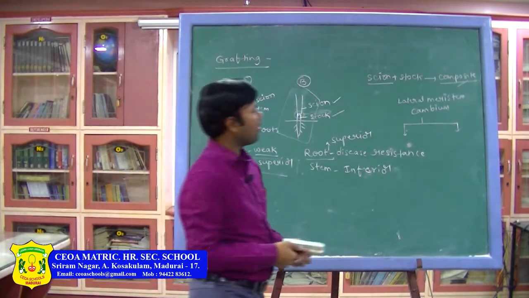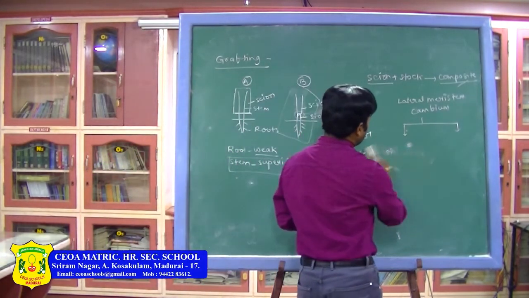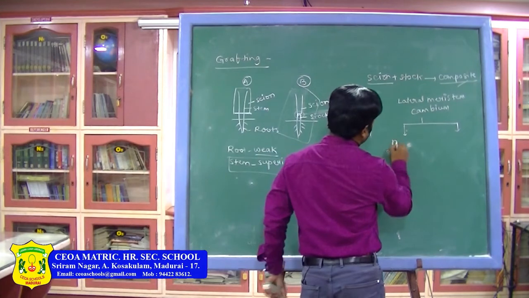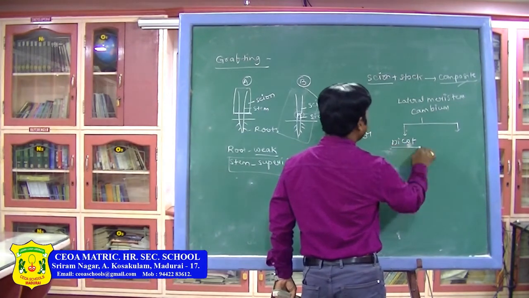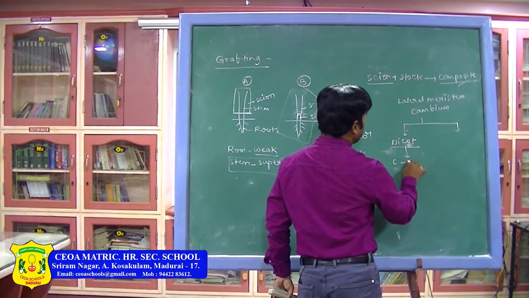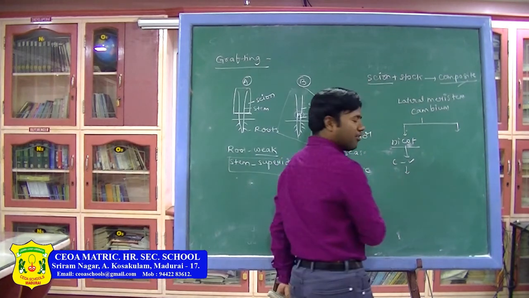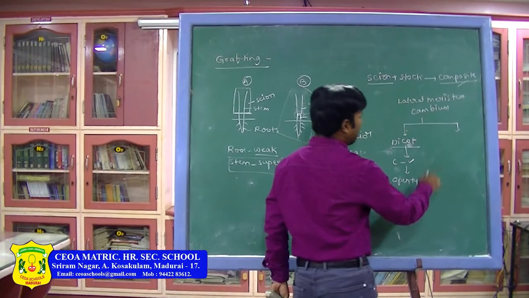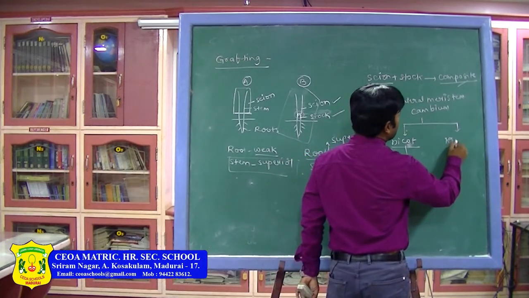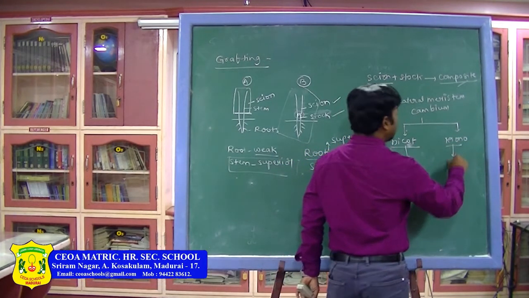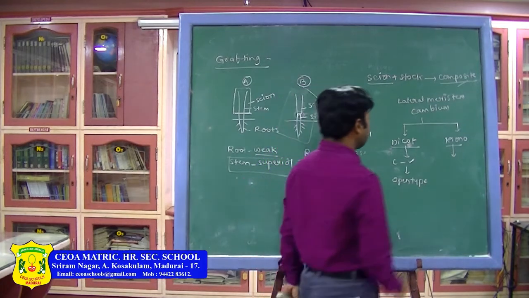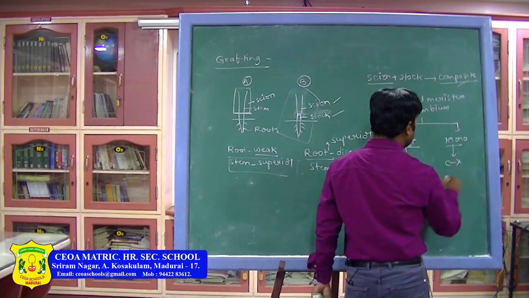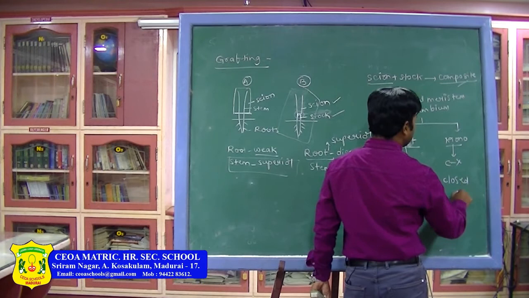In dicots, cambium is present, so open type vascular bundles are present. But in monocots, cambium is absent, so closed type vascular bundles are present.